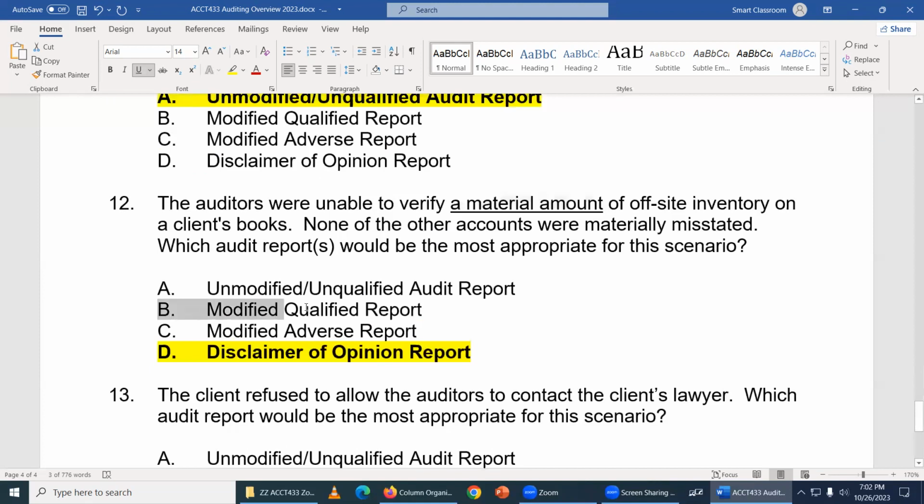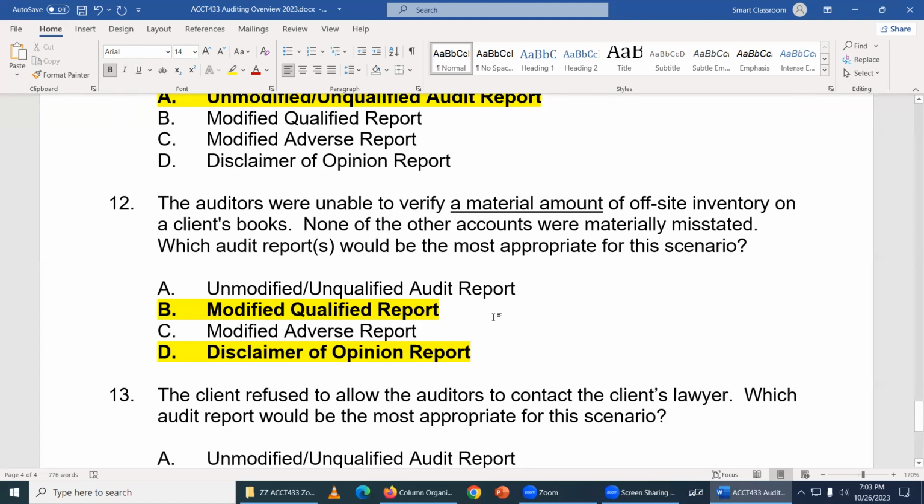It is possible on this one to get a qualified, and I'll explain why. If it is not pervasive. So for instance, if it's just limited to this inventory account. Maybe none of this inventory was sold, so it doesn't affect the income statement, but it's just this one account.